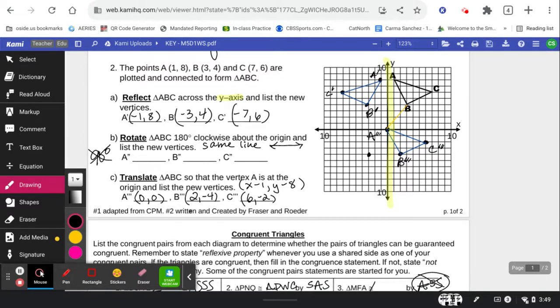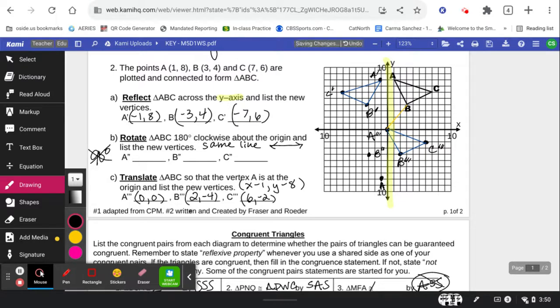There's my new point B double prime. Point A is up 1, 2, 3, 4, 5, 6, 7, 8 over 1. So keeping that on the same slope, there's my point A.